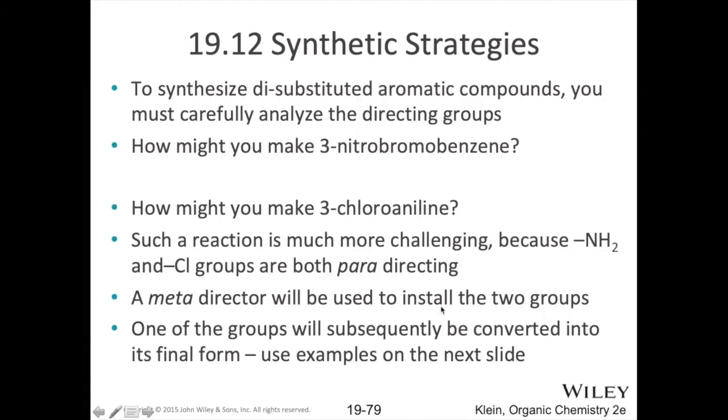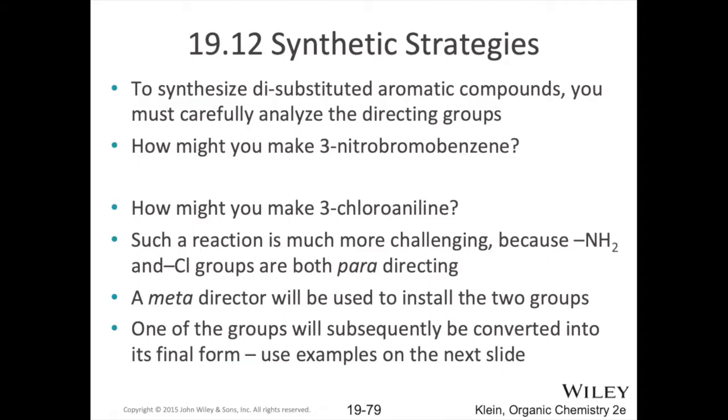This one is going to be interesting because if you have your amino group on first, again, that is also ortho/para-directing, right? And we want this chlorine at the meta position. So you've got to think back to how your amine is added on. Remember, it's not added on directly.